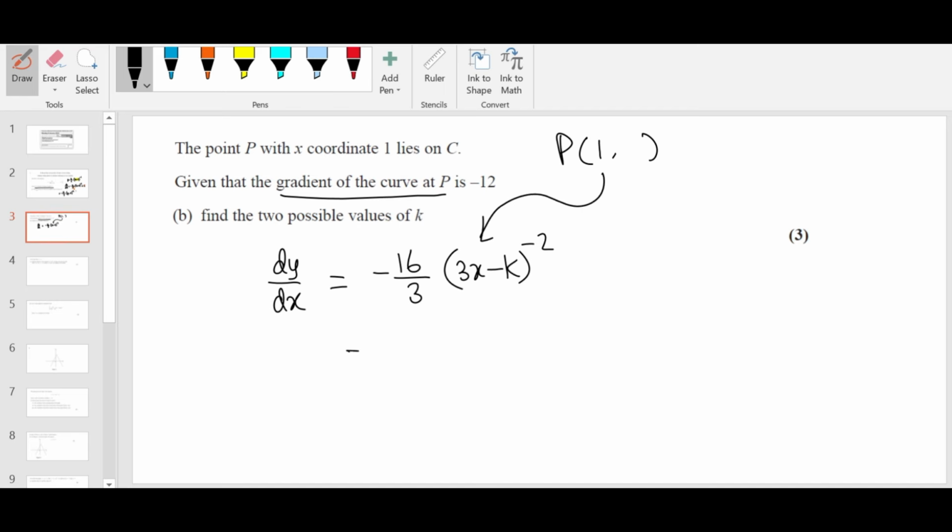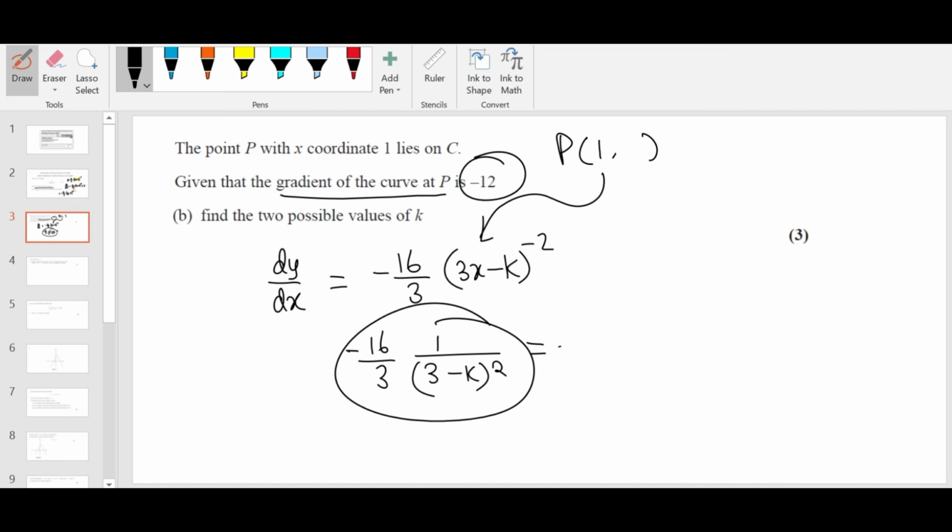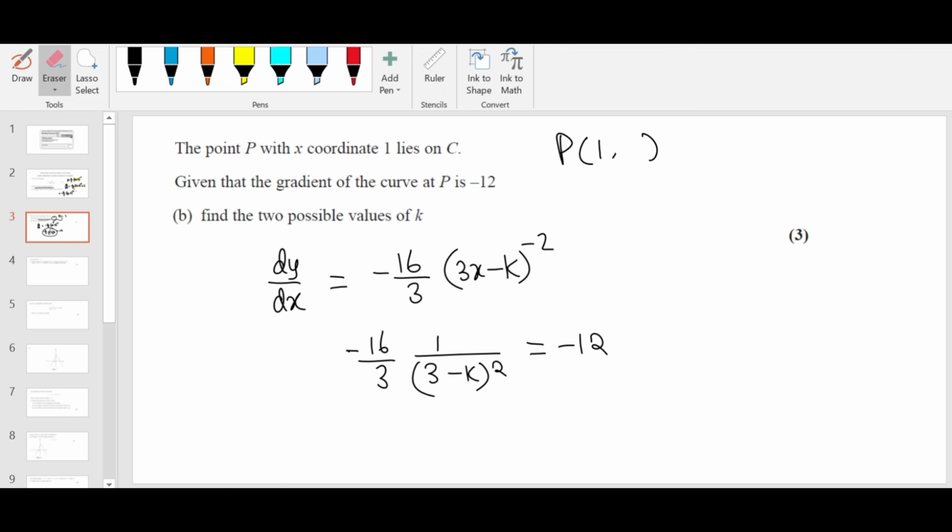So it becomes minus 16 over 3, 1 over (3 times 1 minus k), x is 1, power positive 2. This is the gradient, which is the same as negative 12. And then we need to solve for k.